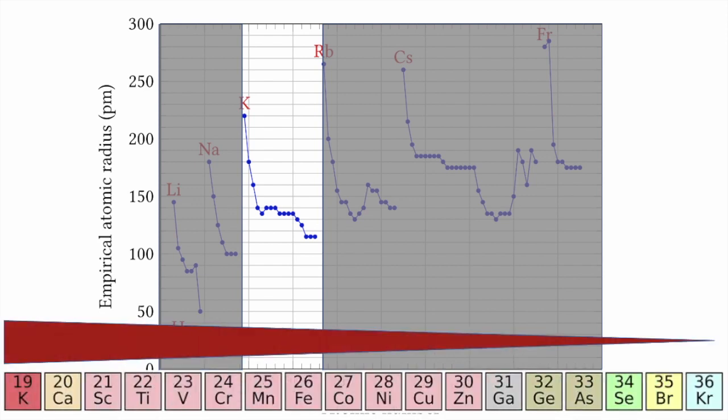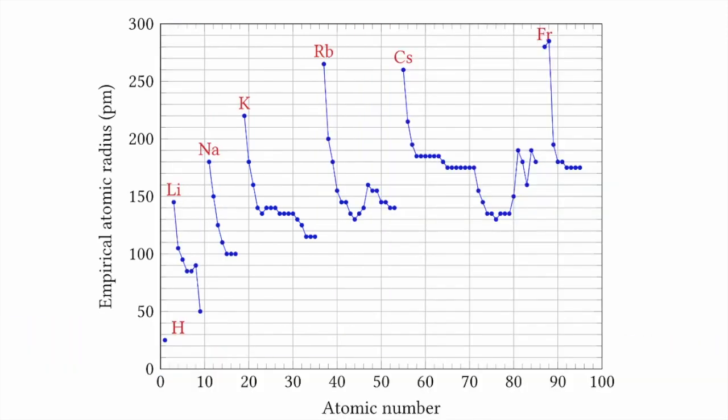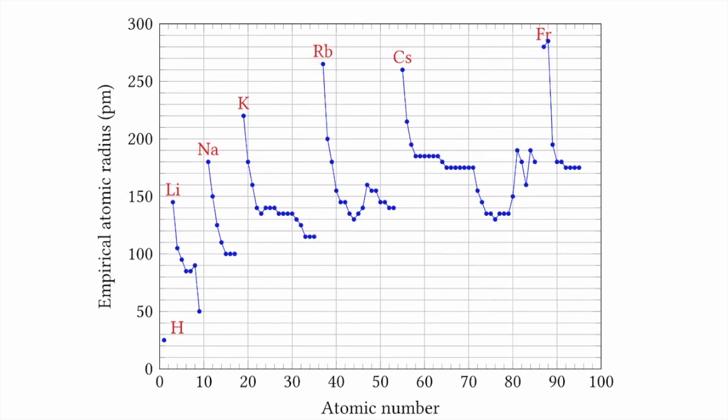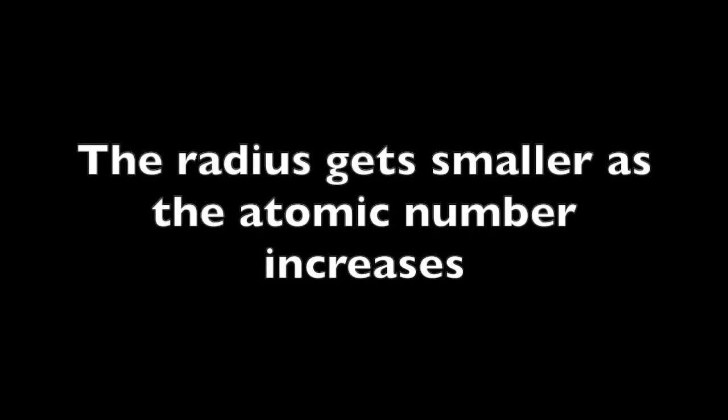It doesn't get larger. And then there's another increase in the size of the radius when we get to rubidium. As you can see, this trend more or less continues as we move down from period to period. The radius gets smaller as the atomic number increases.